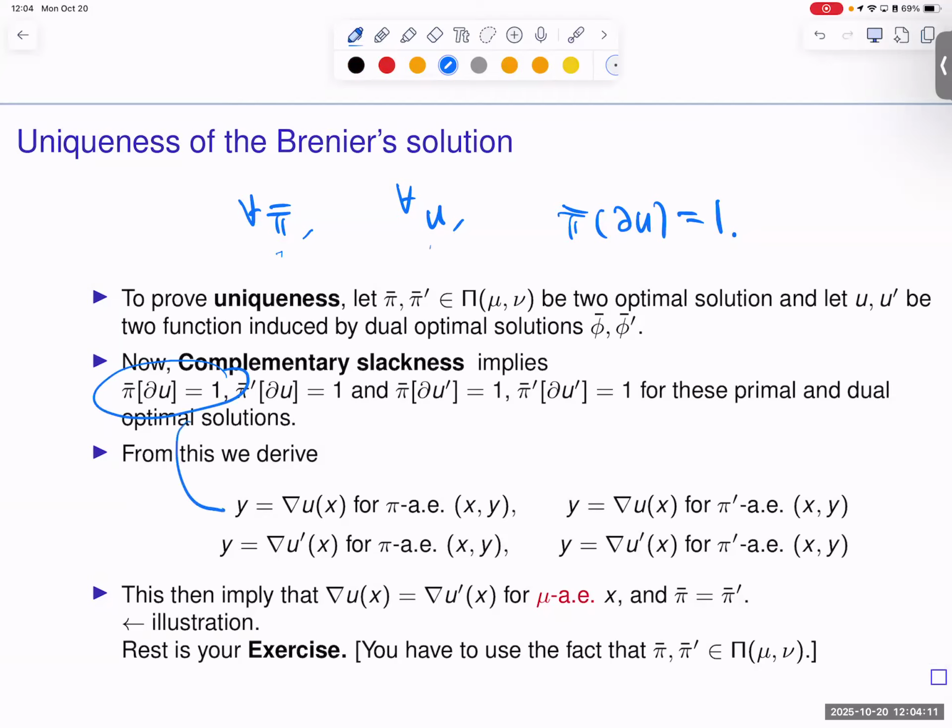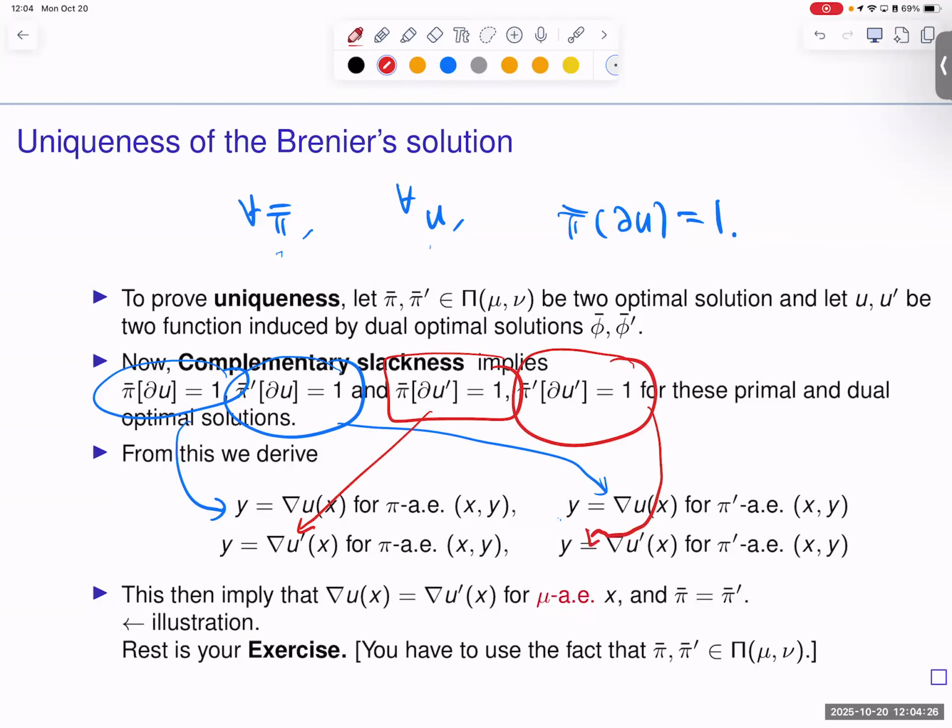So this implies this, and this implies that. So the optimal transport plan is unique and is given by the gradient of a convex function. And then you may ask, do you have any uniqueness for those convex functions?